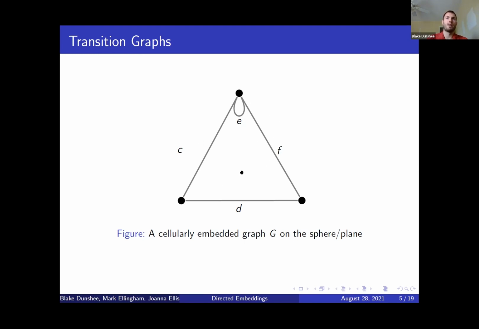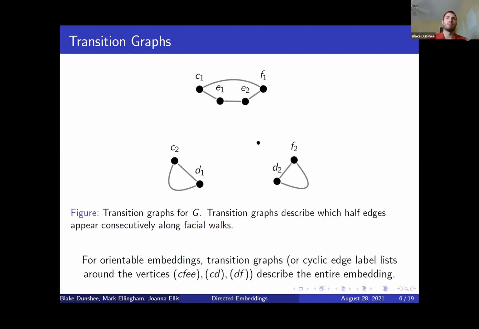So instead of thinking of this embedding like this, we can think of it as a set of 3 transition graphs, where the transition graphs describe the cyclic order of the half edges that occur around the vertex.